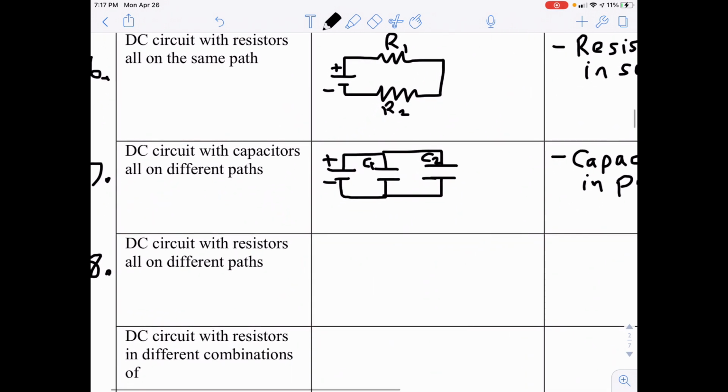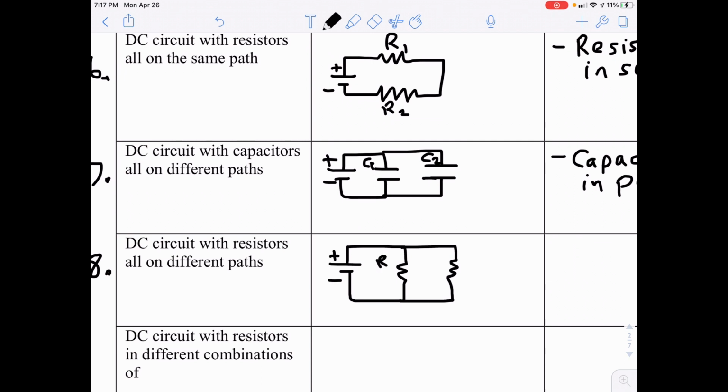Now in number 18, we're having the same circuit, but this time we're looking at resistors on different pathways. Positive, negative, we'll call this resistor 1, and we'll call this resistor 2.